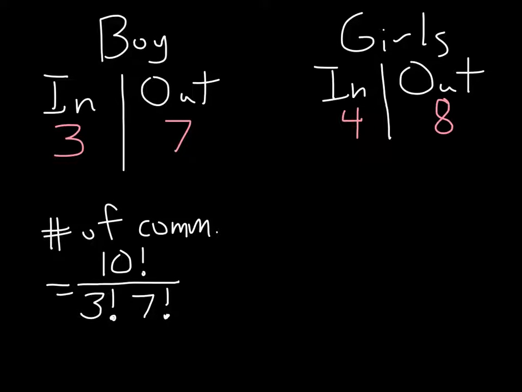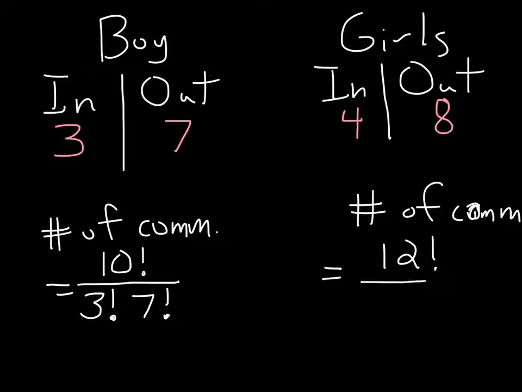And similarly, let's do it for girls. So the number of committees we can make is going to be, well, we have 12 girls, so 12 factorial, divided by 4 factorial for getting rid of the order of the people in the committee, and 8 factorial for the girls outside the committee.